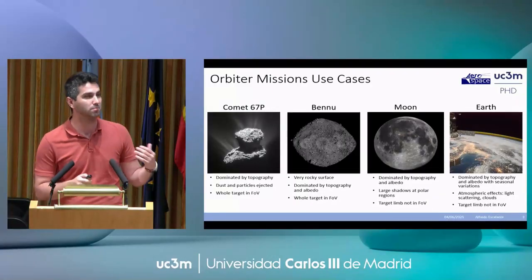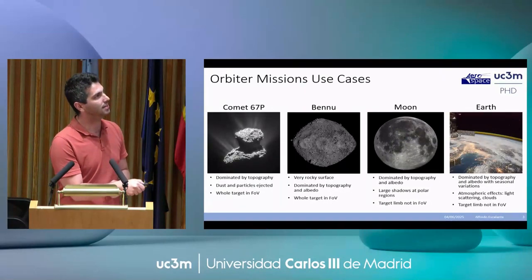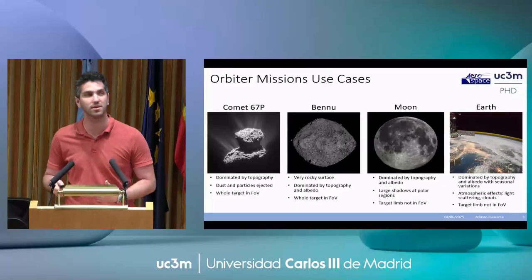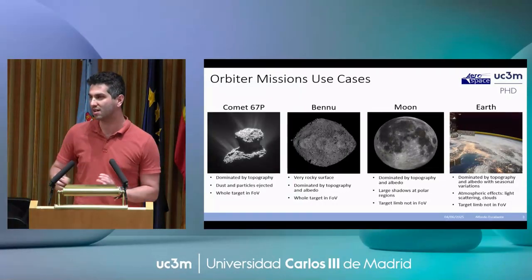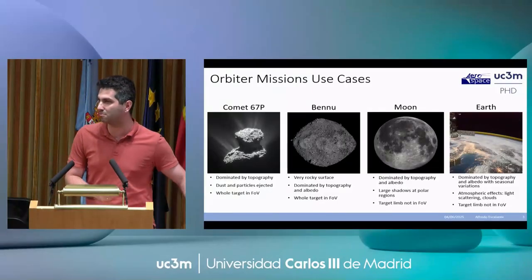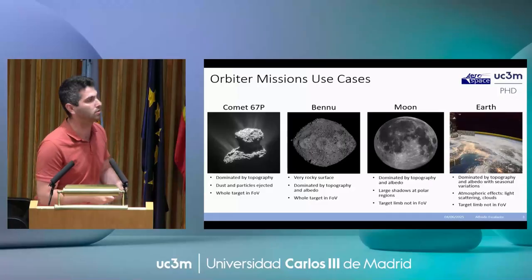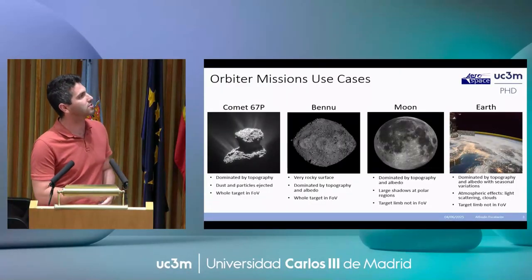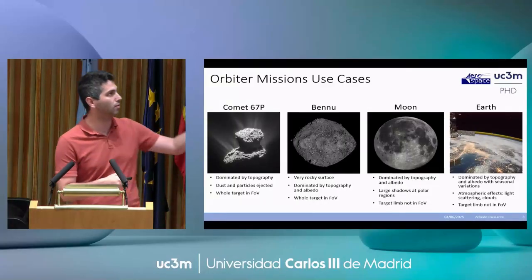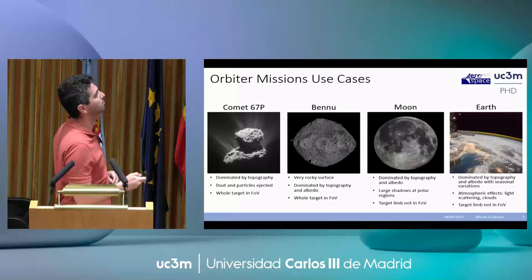It also has very peculiar things which are not present in bodies with atmosphere, which is that in the South Pole, for instance, you have very long shadows that extend hundreds of kilometers. This applies also to other bodies like Mercury or the Galilean moons of Jupiter, for example. So these are some specific points that we have to address if we want to apply this to the wide range of celestial bodies that we have in the solar system.